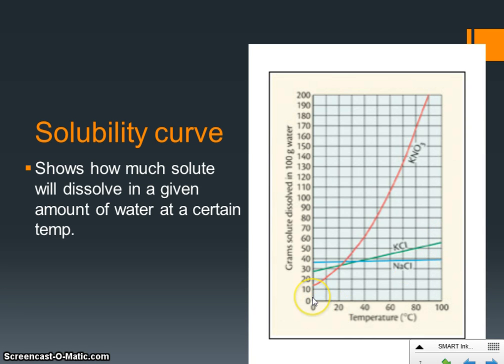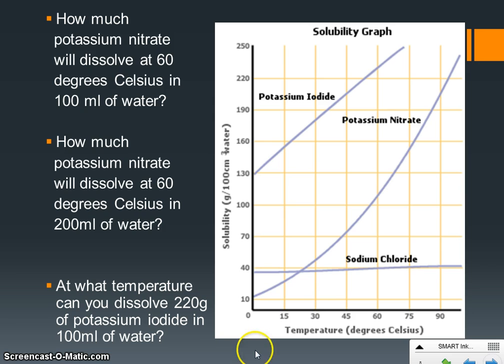Okay, so if I said how many grams of KCl would be dissolved if the water is 80 degrees, you look over here for 80 degrees, go up to that line where it's KCl, take a turn, 50 grams will be dissolved at 80 degrees. Okay. If this is confusing you, now is a really good time to pause the video, raise your hand, and ask for some clarification.